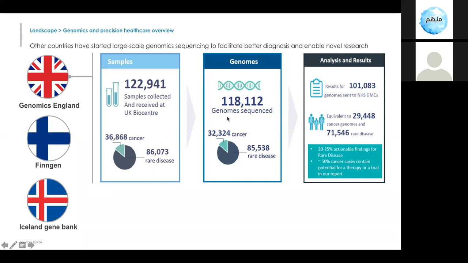You can see here how many genomes were sequenced, and this is the result of the analysis. It's around 30,000 mutations for cancers and around 70,000 for rare diseases. Now we know the mutations, okay? And that's what I want you to focus on. What are we doing right now?